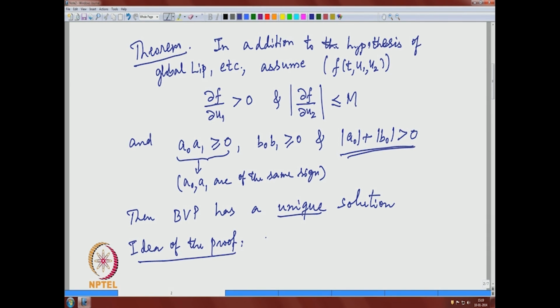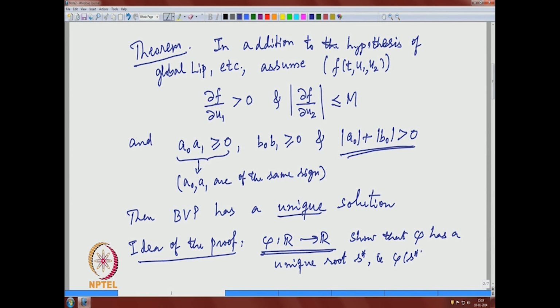So, look at this phi again from R to R, okay, and show that phi has a unique root s star, that is phi(s star) is 0, and there is no other s for which phi vanishes.